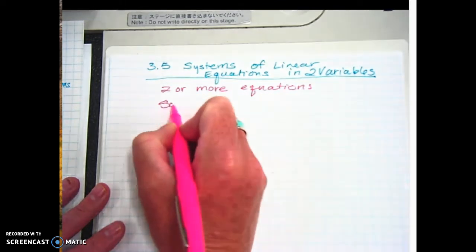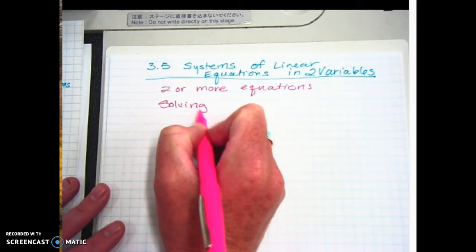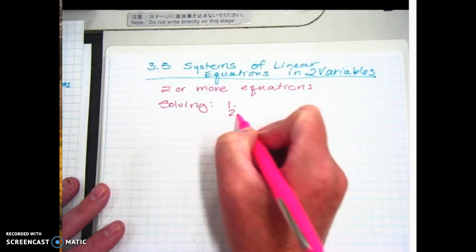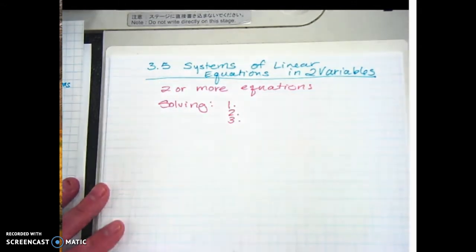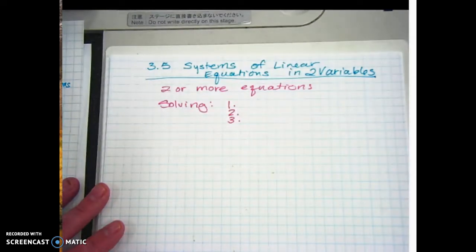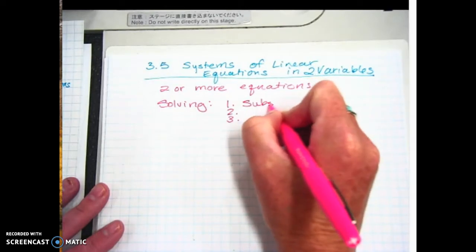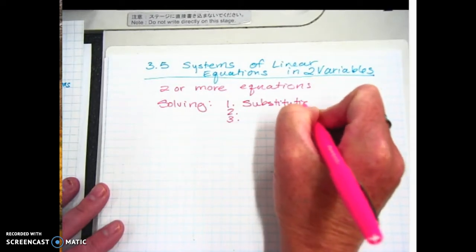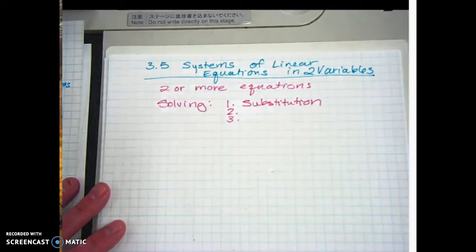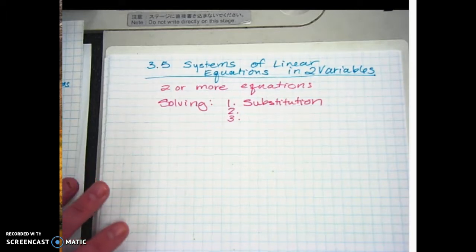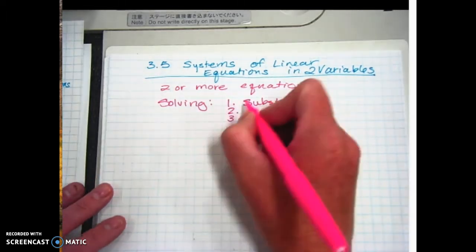Okay, so there are three ways to solve. Does anybody know one of the three? Substitution is one of them. Anybody know another one?